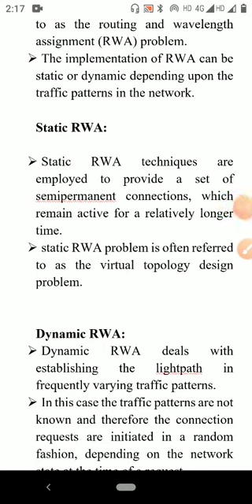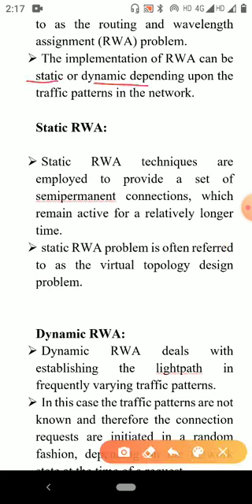The implementation of RWA can be static or dynamic depending upon the traffic patterns in the network. Static or dynamic. The static RWA techniques are employed to provide a set of semi-permanent connections which remain active for a relatively longer time.